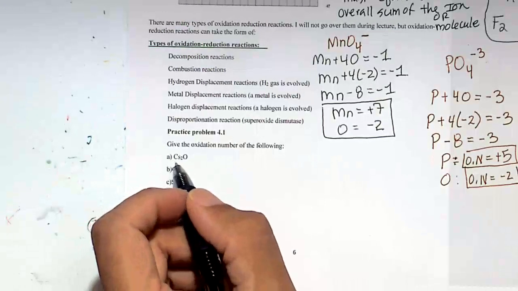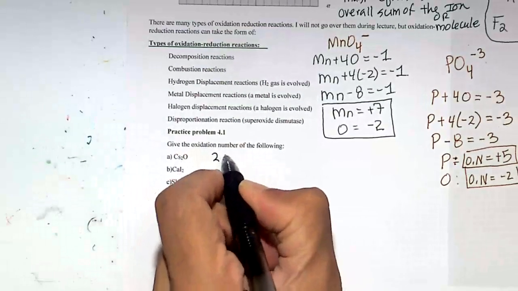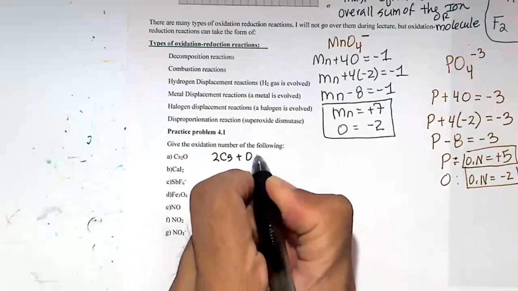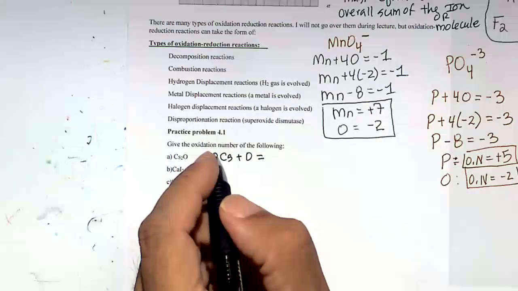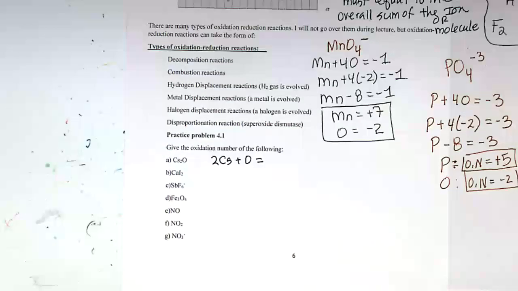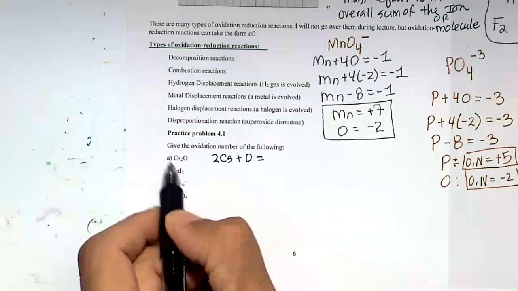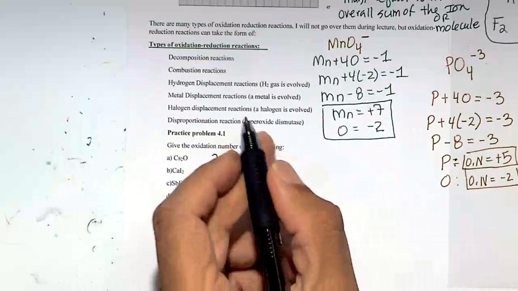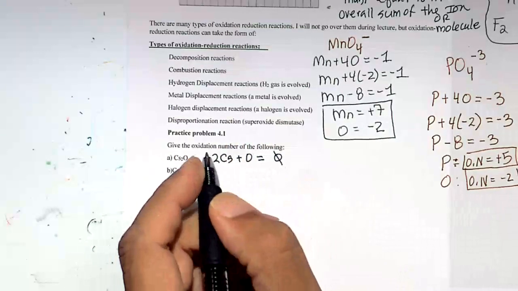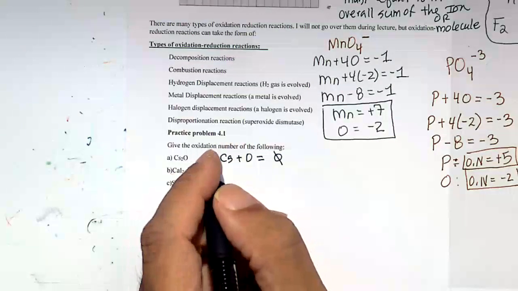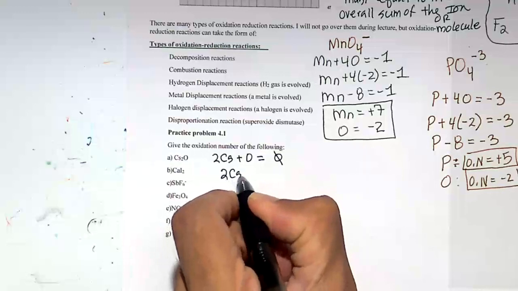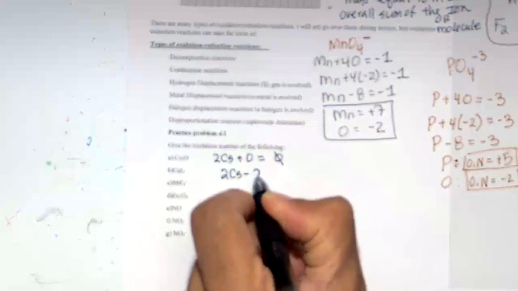All right, Cs2O. Okay, so that is 2Cs plus O is equal to what charge? What's the total charge on this thing? 0. Okay, 0. All right, so 2Cs. What is oxygen?